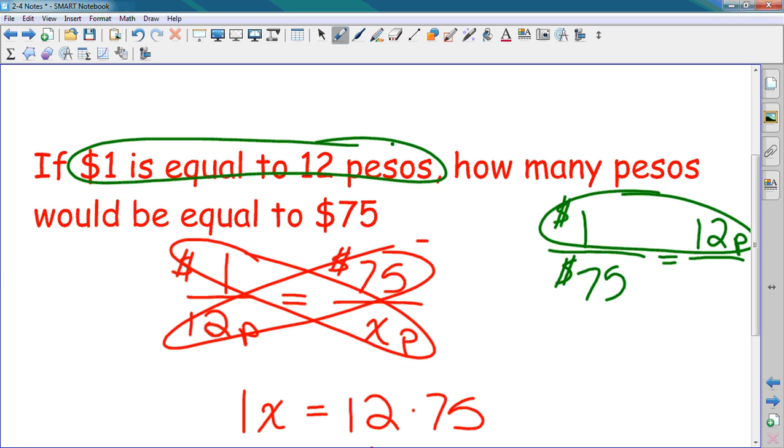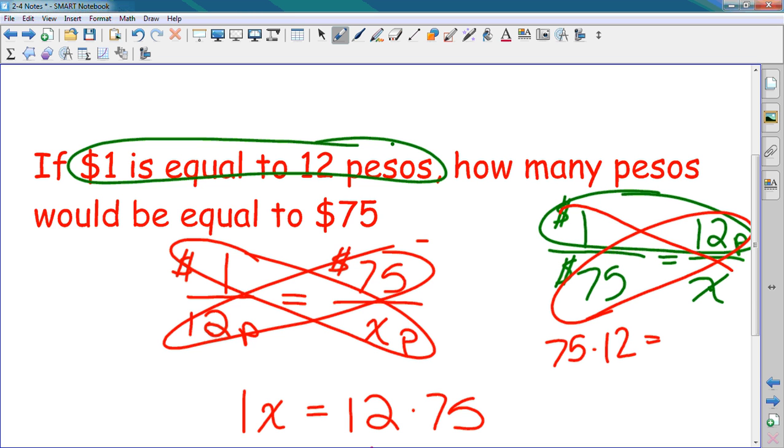You can't put them opposite. You can't put 12 down here. So that means down here would be my X. And then when we cross multiply, we get the same answer. 75 times 12 equals 1 times X. So it's 900 pesos equals X. So there's two different ways you can set it up. Order does matter, so be very, very careful.